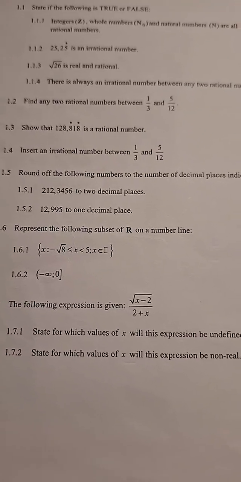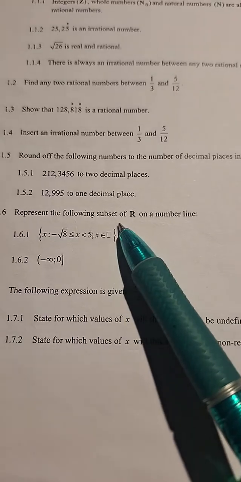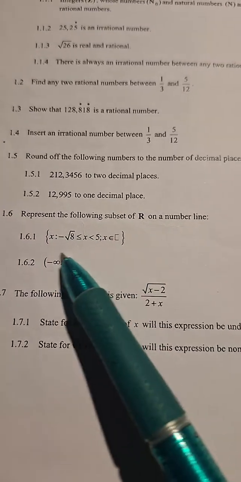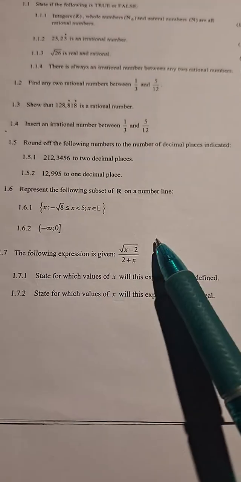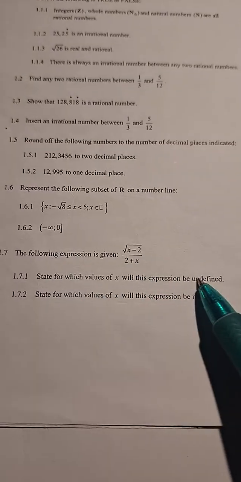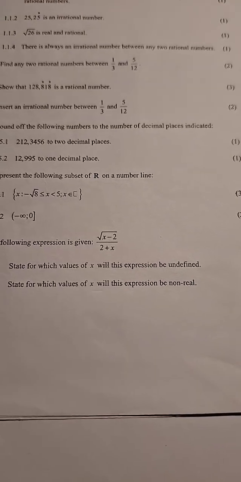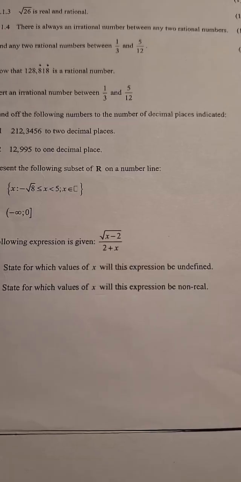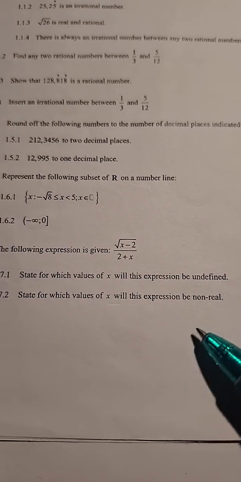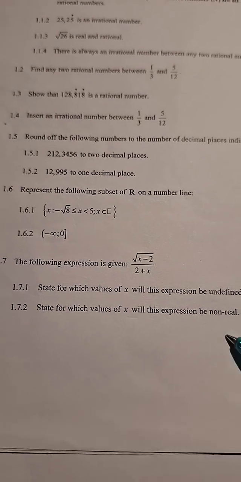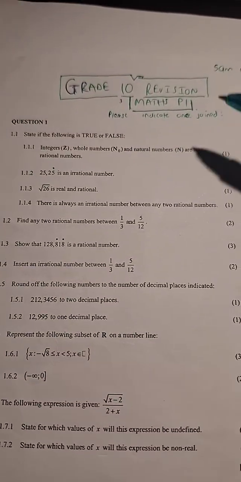Being able to represent numbers on a number line when they are in set builder notation and interval notation. Being able to identify values of x for which an expression is undefined. Know the difference between undefined and non-real.